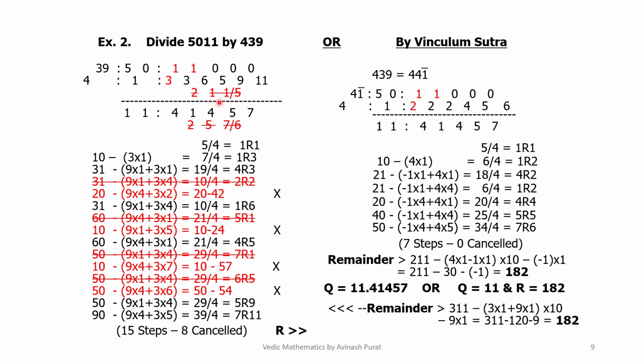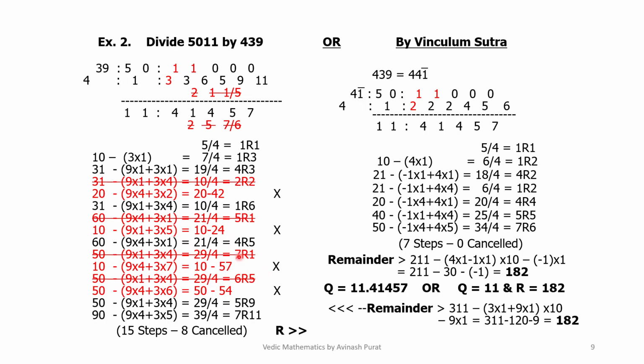But again 10 dividend minus 9 into 4 plus 3 into 7. 3 into 7. So the answer is 36 plus 21, that is 57. So it gives us negative result, 10 minus 57.